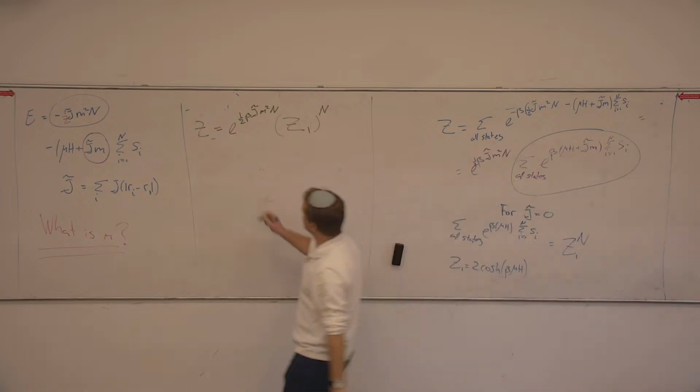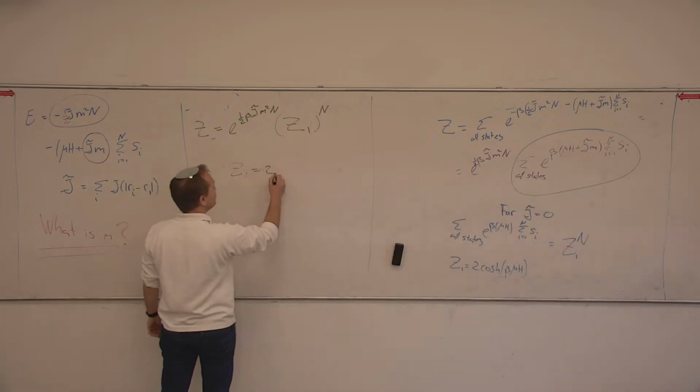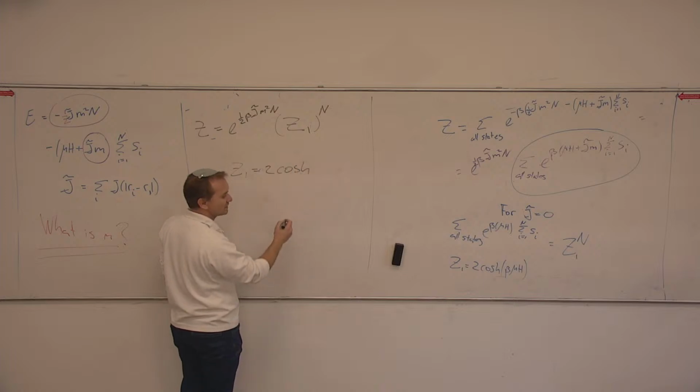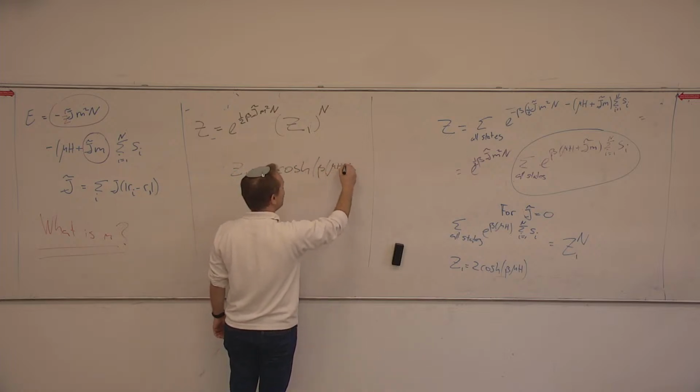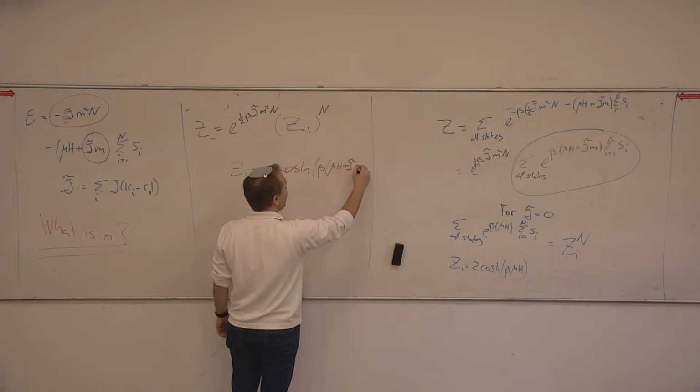So Z1 is 2 hyperbolic cosine of beta times mu h plus J tilde M.